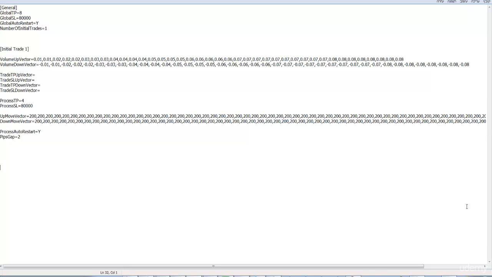So in order to hit the $8, which is the global take profit, this process simply needs to run twice. Okay, and profit $4 and another $4, and then we hit the $8, and then the process runs again. So it doesn't really matter, and I did it deliberately because I wanted this number, the lower one, to actually determine our target take profit.